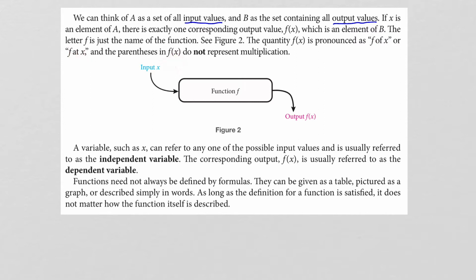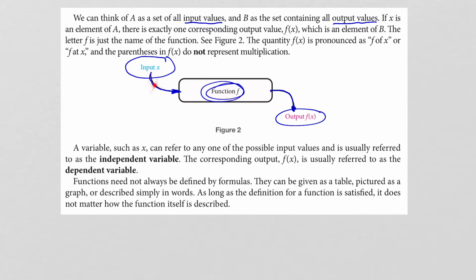And the parentheses here does not represent multiplication. So this diagram kind of describes what's going on here. A function takes an input value, an X value, you put it into the function, and the function does something to it by whatever mechanism it has, and it prescribes an output value, and we call that output value f of X. So what's happening is the function is kind of like a machine.